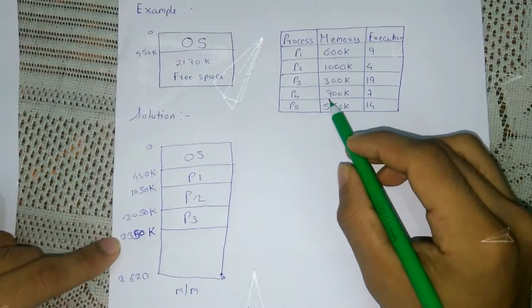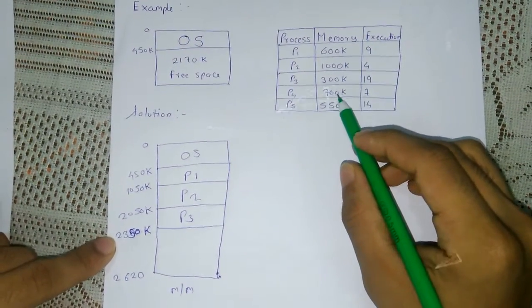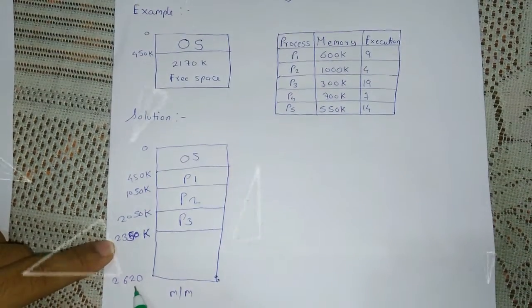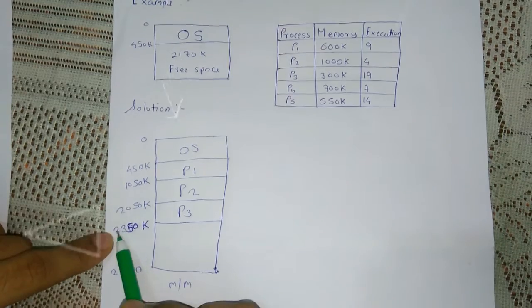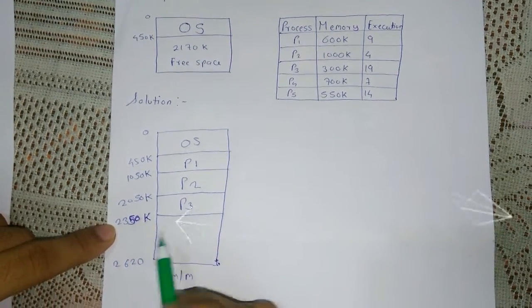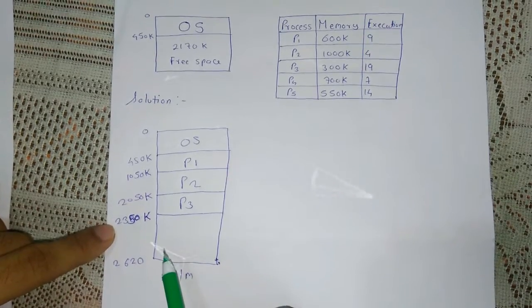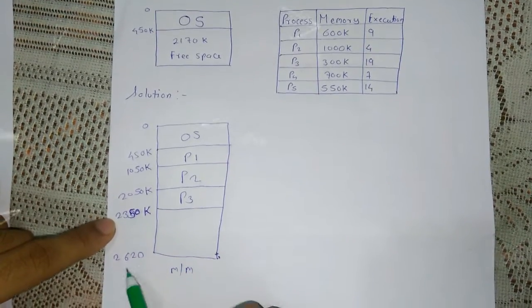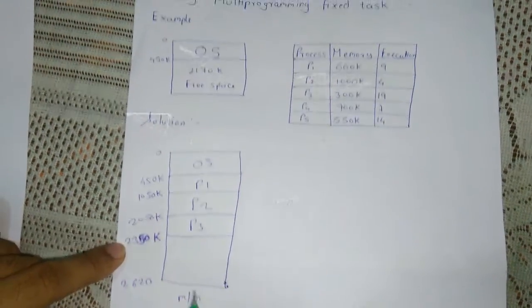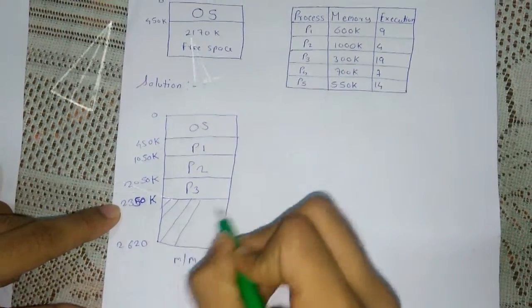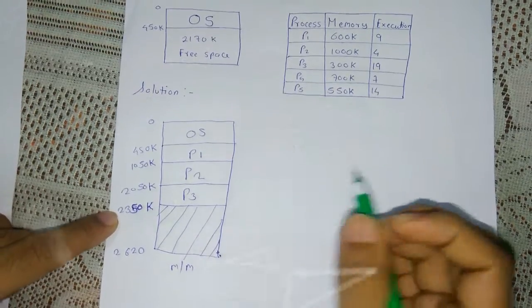It wants 700 kilobytes, but we have only up to 2620 of limited space. If we add 2350 plus 700, the total will be 3050, which is insufficient, as it is more than 2620. So we keep it here. This is unallocated memory.